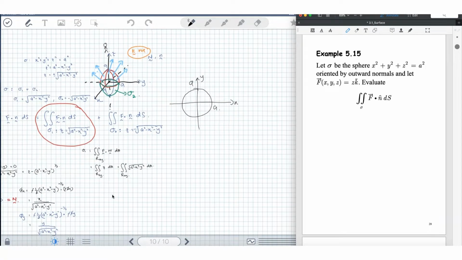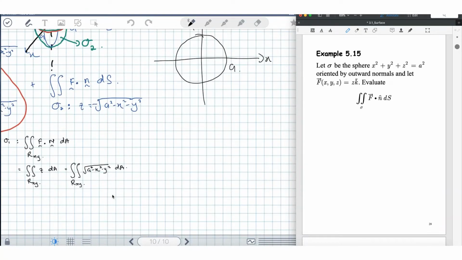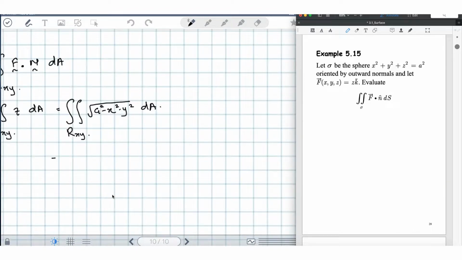Since it is a circle and it is a double integral, it is easier for us to solve this using polar coordinates. Now we convert into polar: the square root of a squared minus r squared, times r dr d theta.